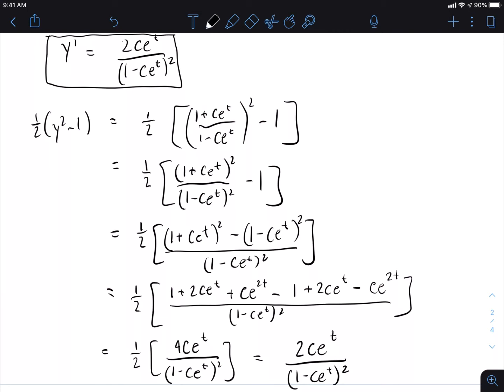You with me? Yep. Okay. Just algebra. It's just algebra. There's nothing really too crazy about it until we get into what's called the initial condition, which I'm about to show you. Okay?